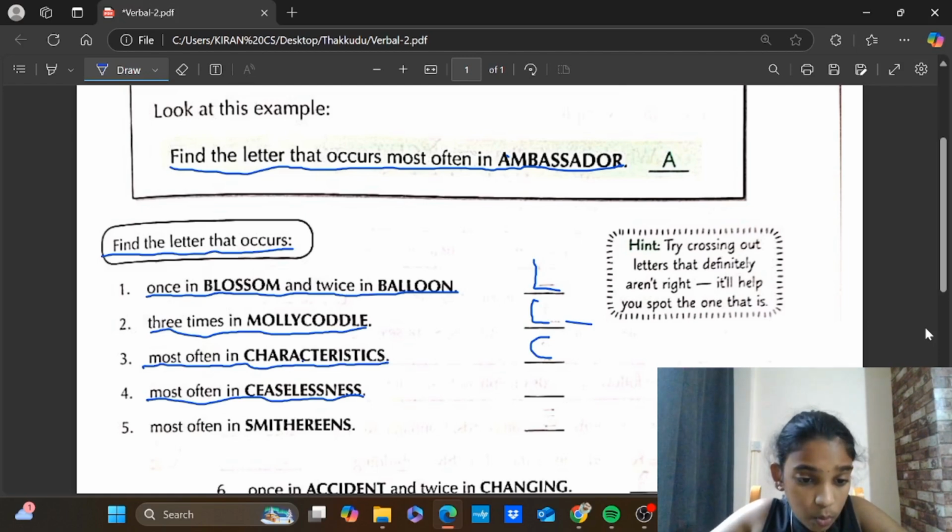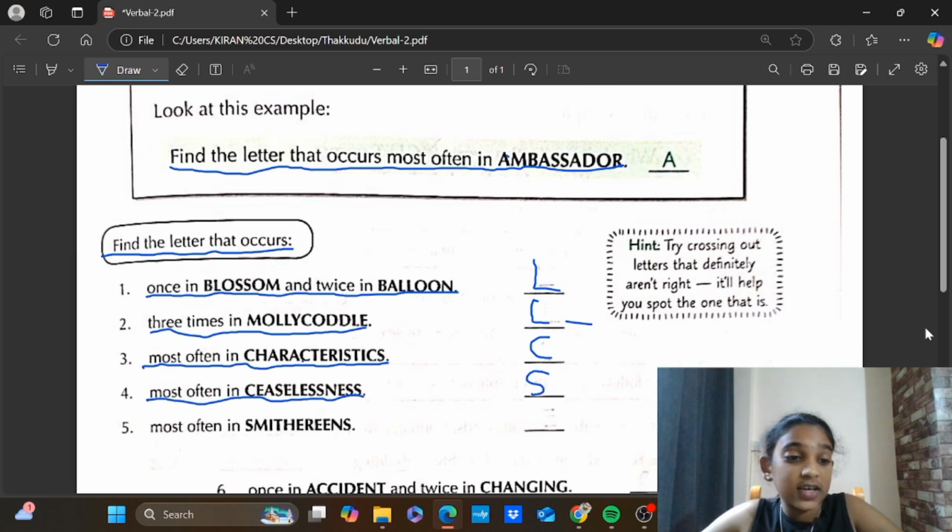So that is 1, 2, 3, 4. Okay, there's 4 E's, but let's check more letters. So A, does it come most often? No, it doesn't. What about S? 1, 2, 3, 4, 5. Oh, S comes more often than E. The answer is S. Let's move on to the next question.